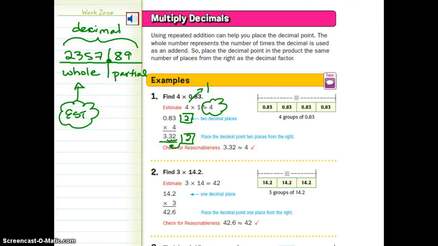3 times 14.2. So 3 times 14 or 3 times 15, both would be good. I'm going to do 3 times 15 and get 45 as my estimate. They did it times 14, got 42. That's fine, but I wanted to do it in my head, and I know I can do 15s in my head fairly quickly. In this case, we have 1 decimal place, so I'll carry that down because there's no decimal places with the 3. When we compute it, we get 42.6.